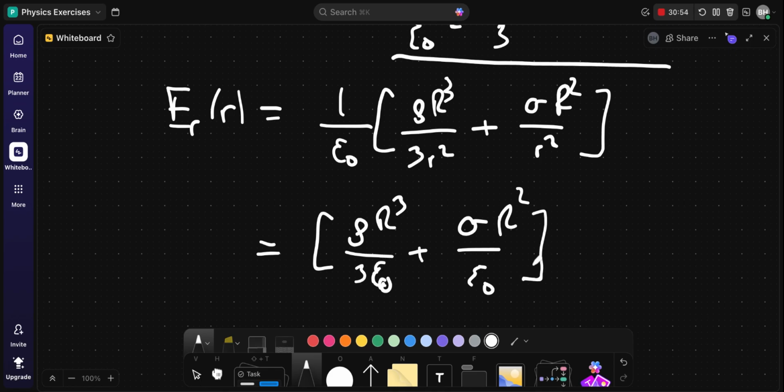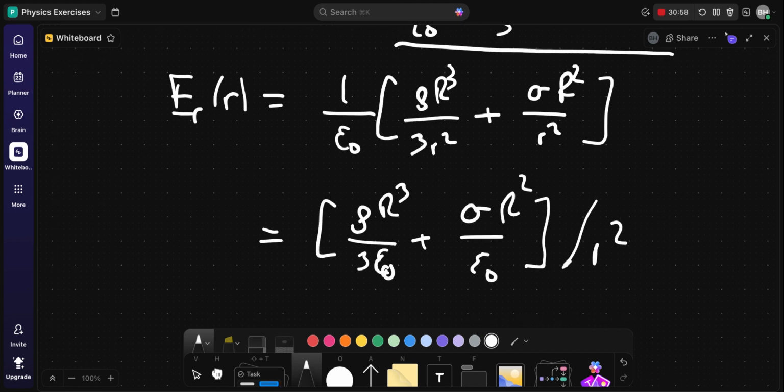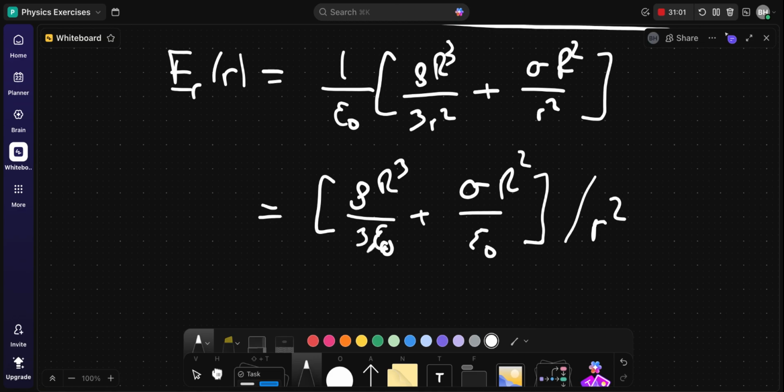Okay, and that's divided by r squared. I wanted to write this in this particular form because this here is a constant. So we have an electric field which is divided by r squared. Okay, so it goes as 1 over r squared. No, not the electric field is divided by r squared, but it goes as 1 over r squared.